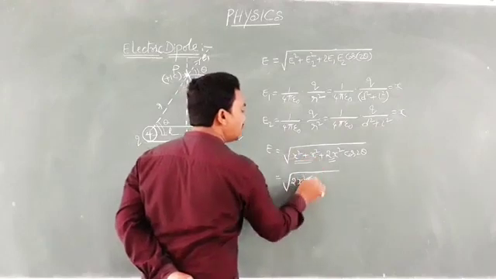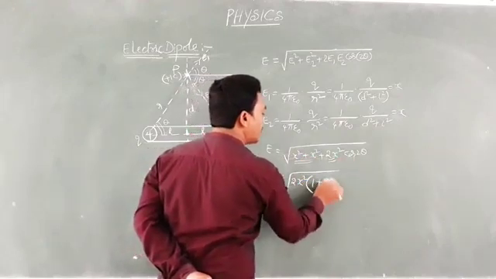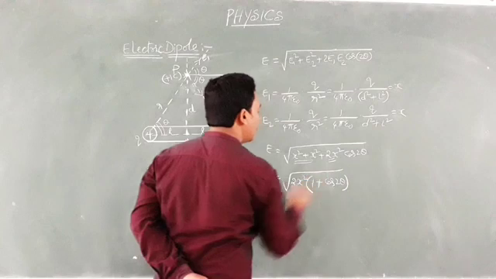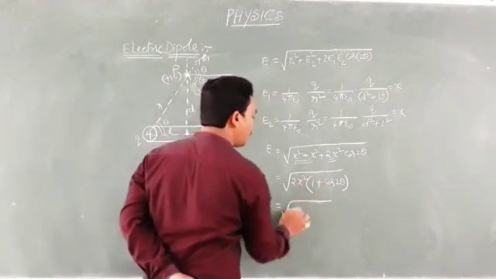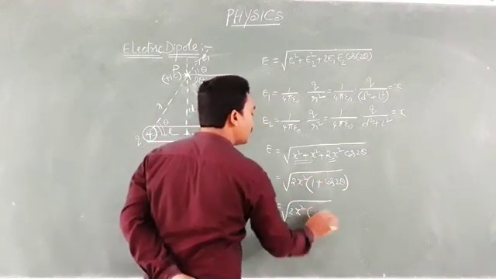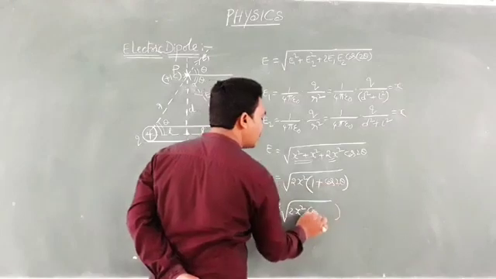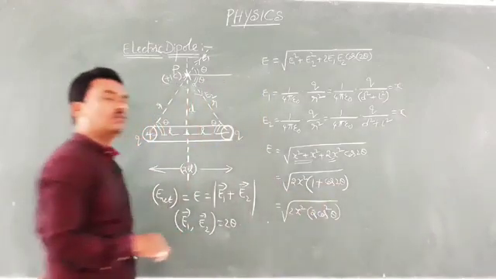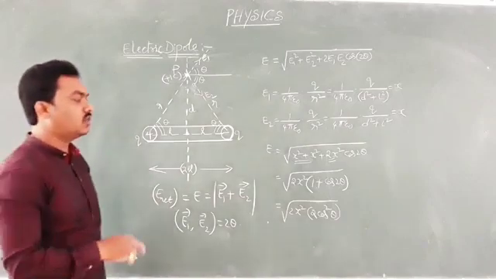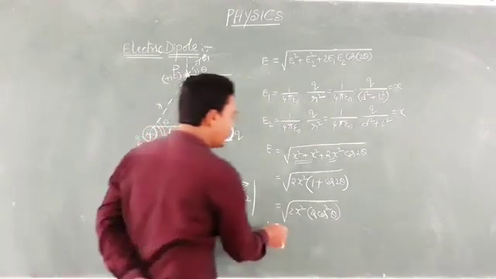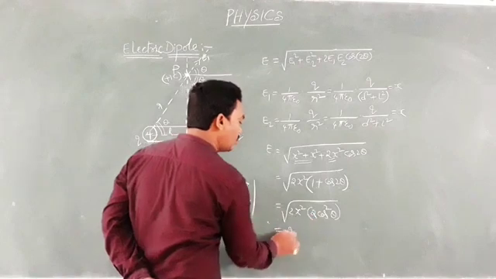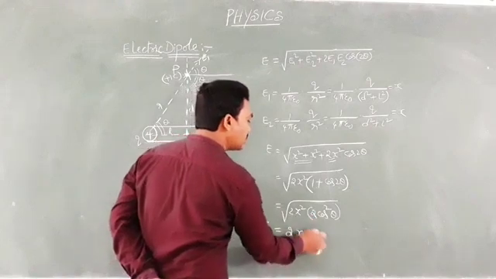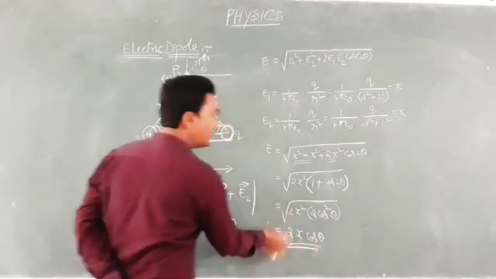Then here 1 is left and here cos 2 theta is left. Then this is equal to square root of 2X square into (1 plus cos 2 theta). 1 plus cos 2 theta is 2 cos square theta, the trigonometric value. Then ultimately your equation is 2X cos theta, the net field intensity.